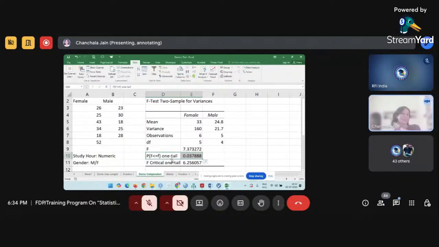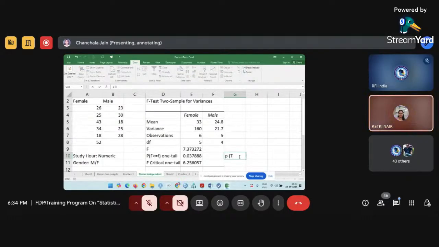Generally, I suggest we go for the two-tail P value. So if it is not coming, you can convert this value into the two-tail value. How? I'm writing P, multiply by 2. Yes, multiplied by 2. Very correct. So I'm calculating the P two-tail here by selecting this and multiplying it by 2. Done.